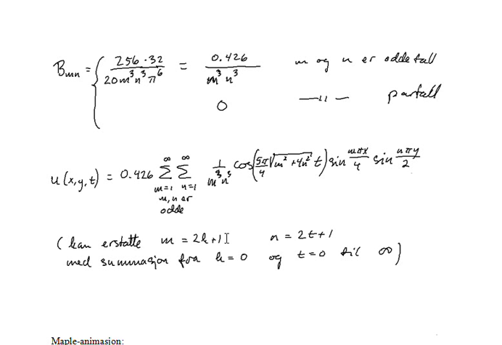And in order to compute this by Maple or Scientific Workplace or other programs, it's good for us to change the counting variable from m to 2k plus 1, because we are only using odd numbers, and n should be of the form 2t plus 1, where k and t are integer numbers.